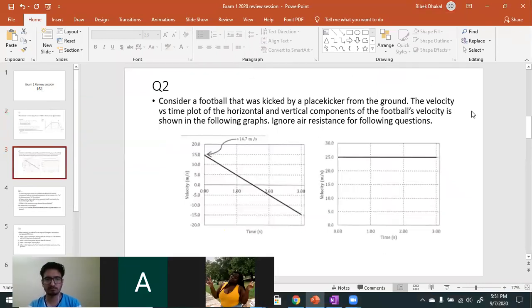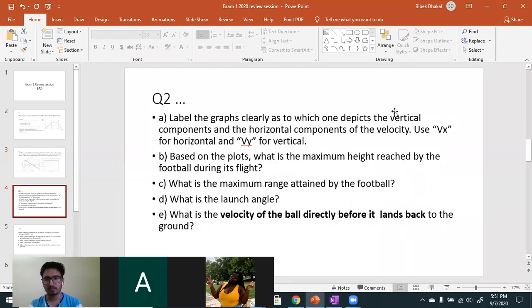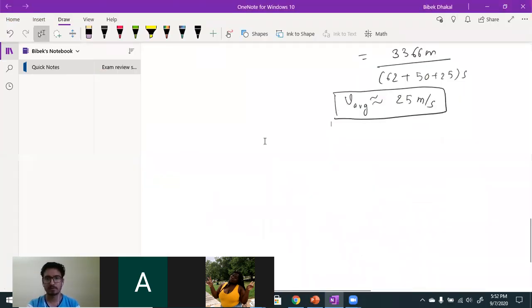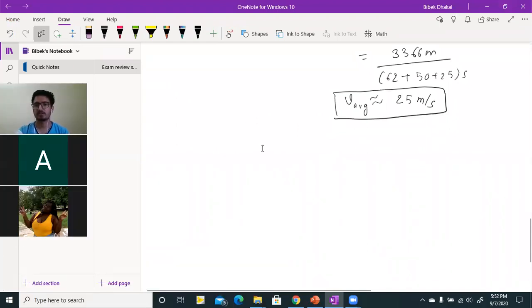A football player kicked a ball, and the ball moved in a projectile motion, and we need to do some calculation based on it. I guess you have already learned about the projectile, so let's solve this one.